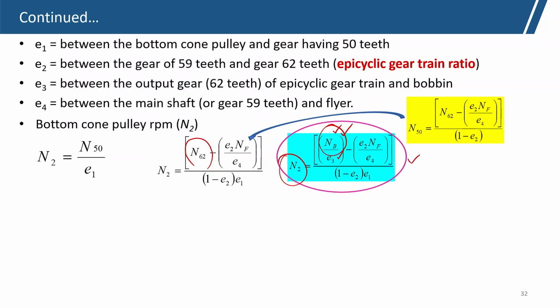And now, let us use the actual data of E1, E2, E3, E4, which could be calculated from the gearing ratio. Now, let us see. So, NB, this is from this equation we have seen here. So, N2, the bottom cone pulley, and the bobbin RPM are related with this equation.